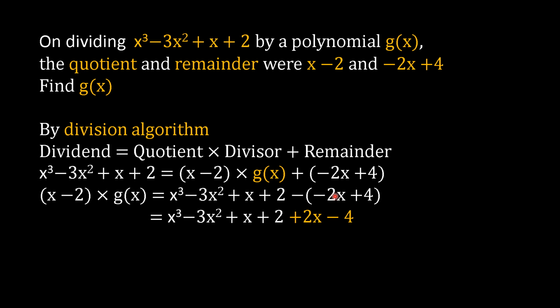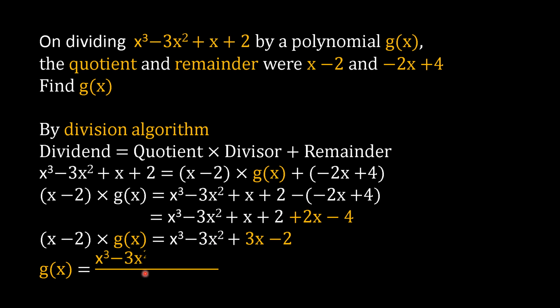Minus of minus 2x will be plus 2x and minus of plus 4 will be minus 4. Next, x plus 2x will be 3x and 2 minus 4 will be minus 2. So we get x minus 2 multiplied by g(x) equals x cubed minus 3x squared plus 3x minus 2.